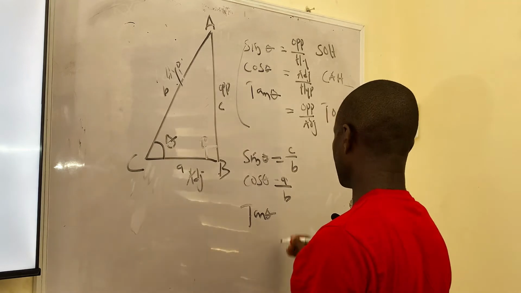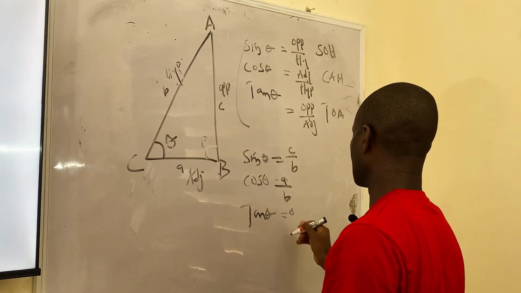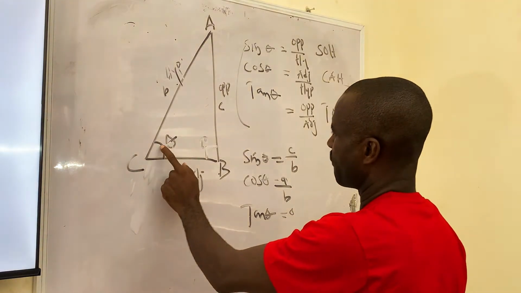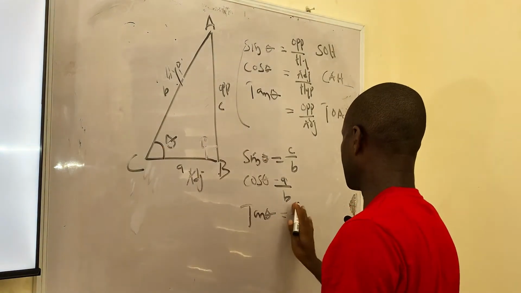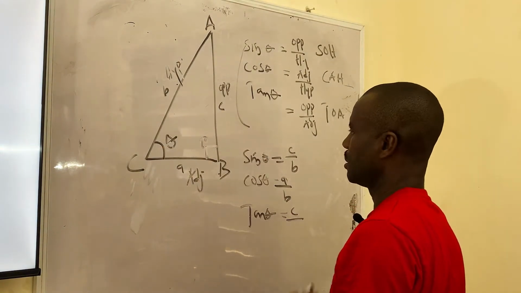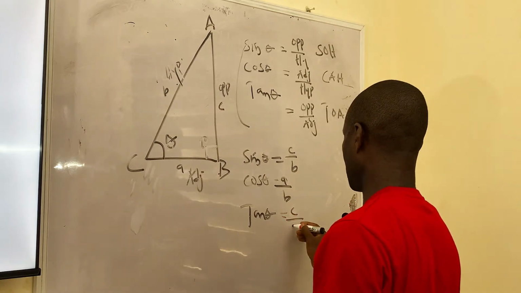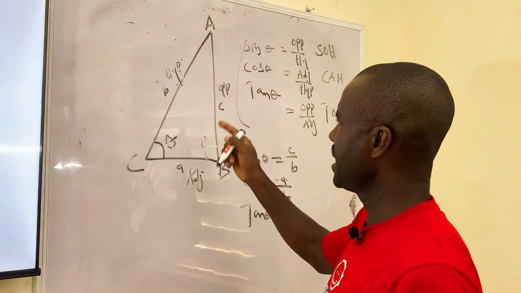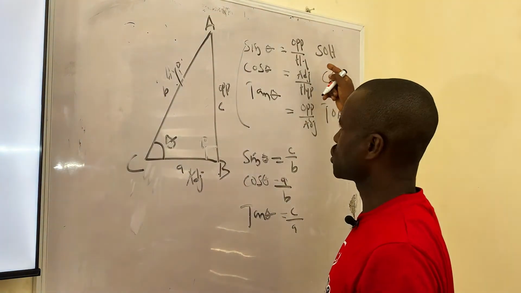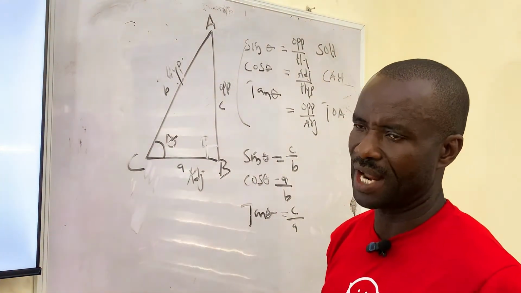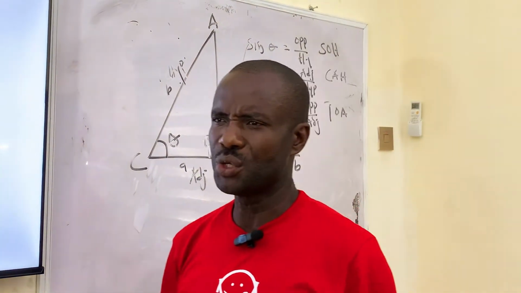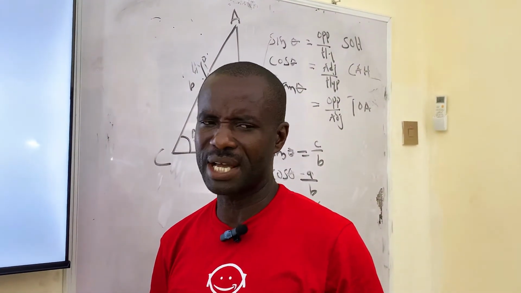Tan of this angle is opposite, the side facing this angle, so this is going to be side C all over adjacent, which is A. So from here, you have been able to define what SOH-CAH-TOA is. Then at the same time, you need to know what we mean by Pythagoras theorem.